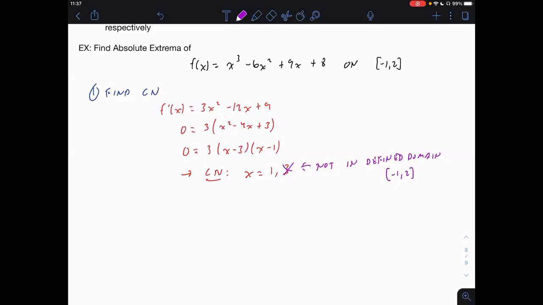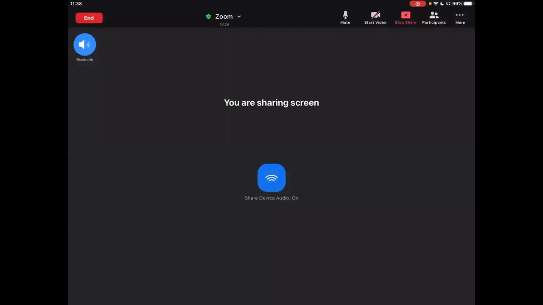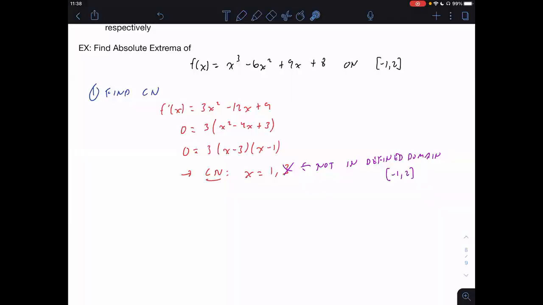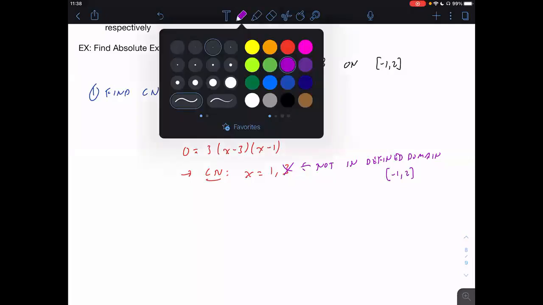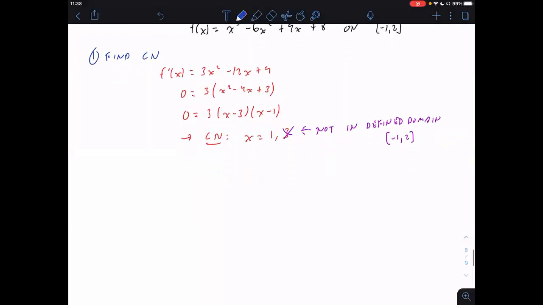Okay, so if we find a critical number that does not fall within our closed interval, then we don't have to worry about that critical value when it comes to the absolute extrema. All right, so now what's left is to evaluate our function of x.